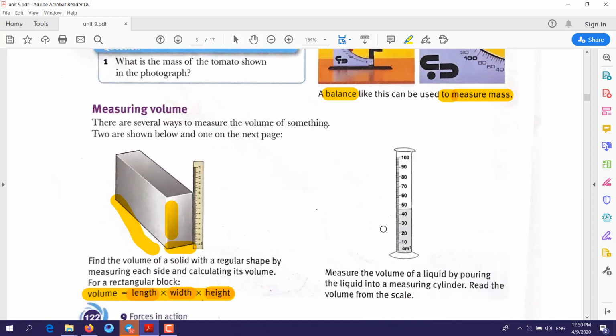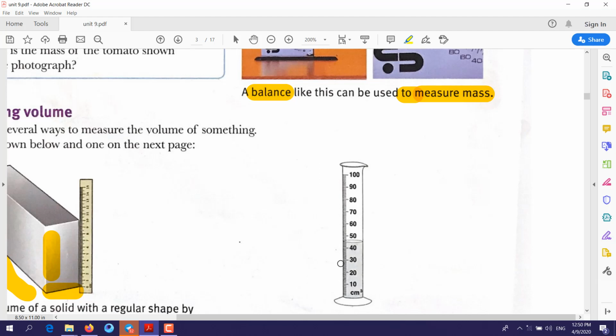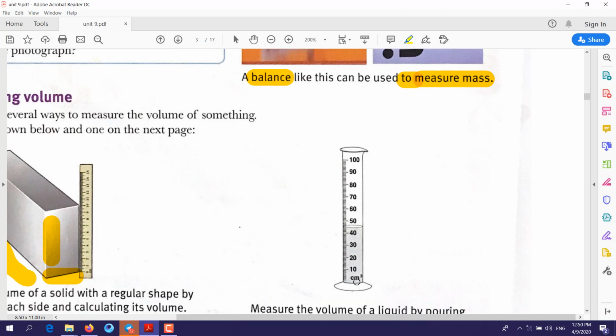For example, let's say the reading or the amount of water here is about 45 cubic centimeter. If we have an object that has an irregular shape and we want to find its volume, we will put it in the water.